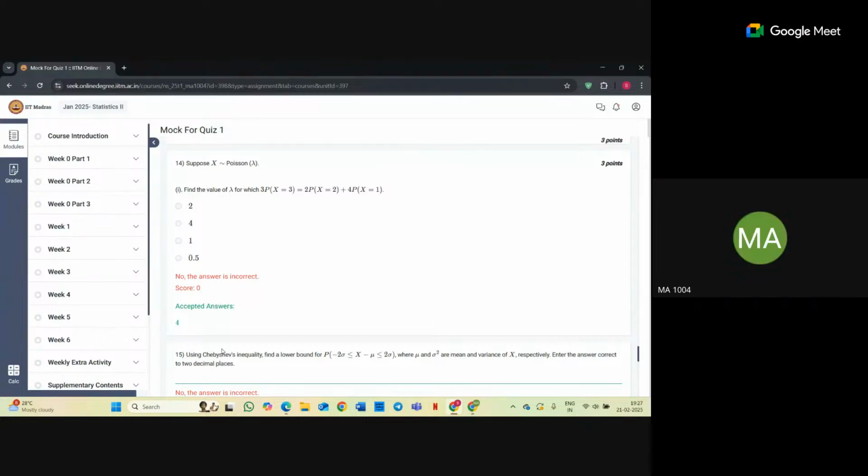Okay, just wait a few minutes. Ma'am, can you please write the statement of this inequality? Statement of inequality. Yeah, ma'am, that will be given in the exam. The Chebyshev's inequality, yeah, that one.